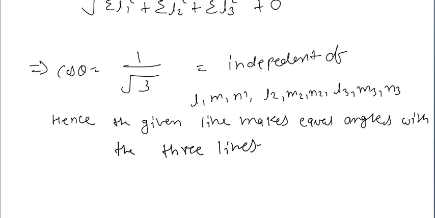For any values of L, M and N, cos theta is simply 1 by root 3. So here we are able to prove that the line whose direction cosines are proportional to L1 plus L2 plus L3, M1 plus M2 plus M3 and N1 plus N2 plus N3 makes equal angle with them.